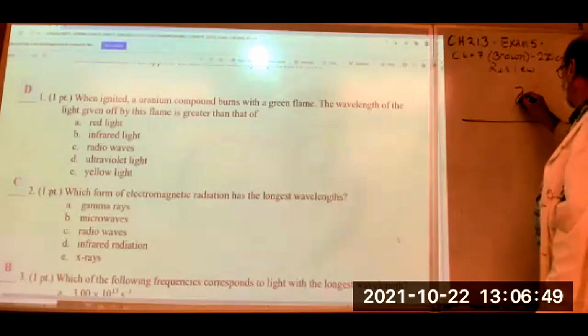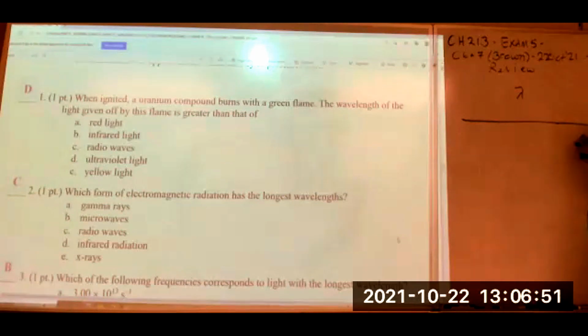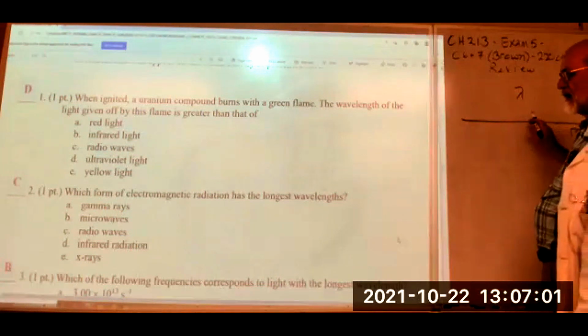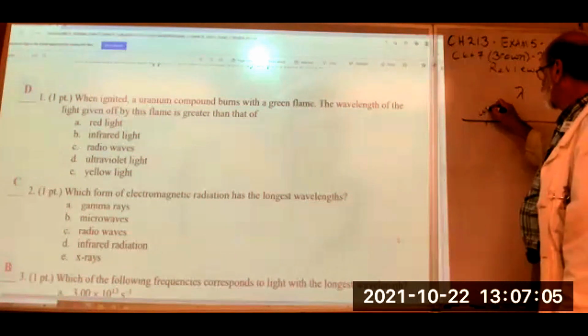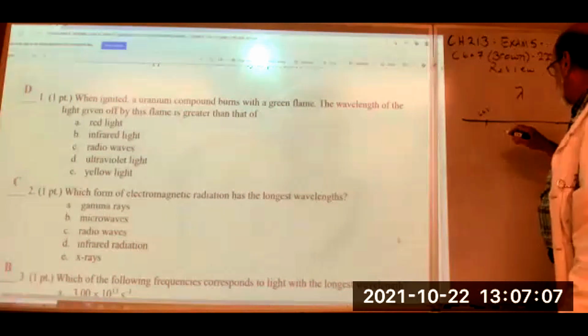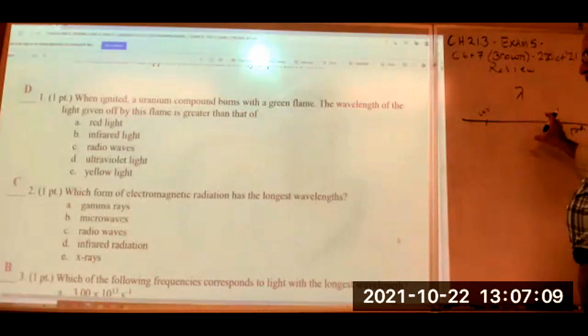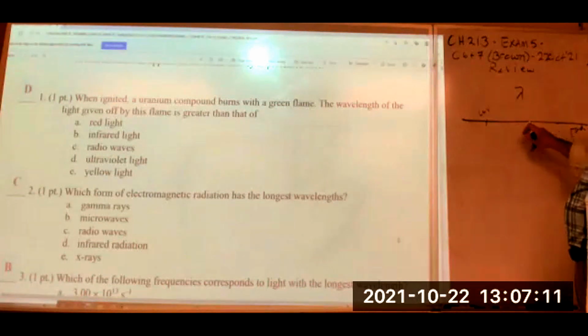So if we have the wavelength here, we got the longer wavelength on this end, which would be radio. And what's the shortest one? Ultraviolet, I think. So we've got UV here. Then we have visible in the middle. Oh, we've got infrared.